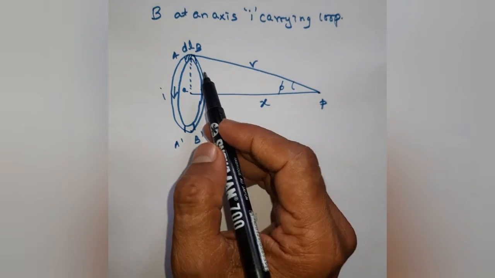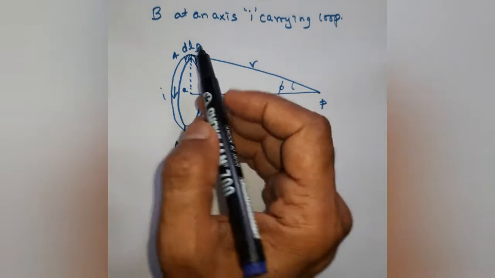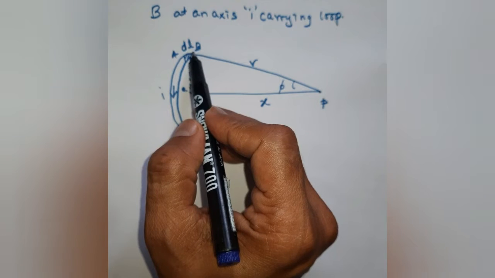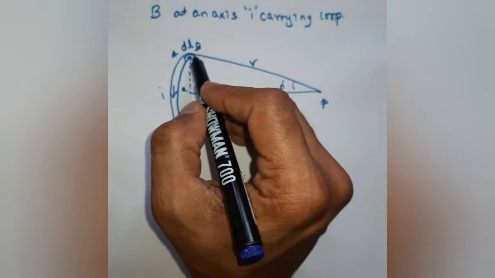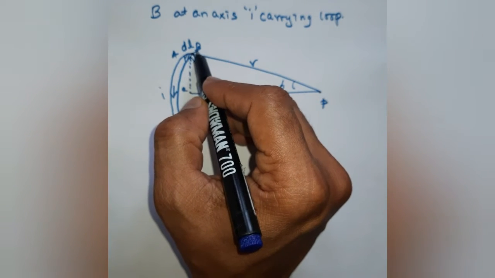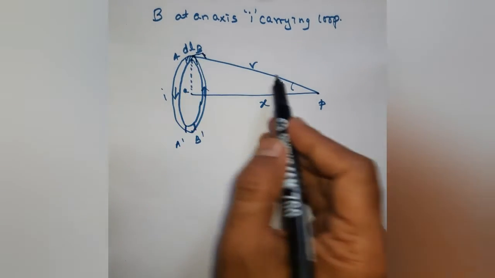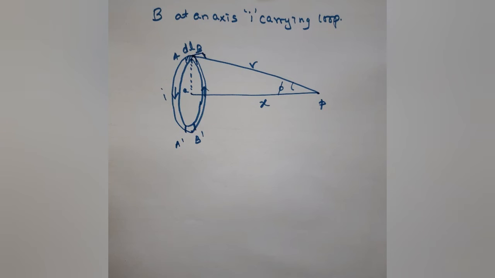A very important point to understand is that this current element I dl and r will always make a right angle with each other.